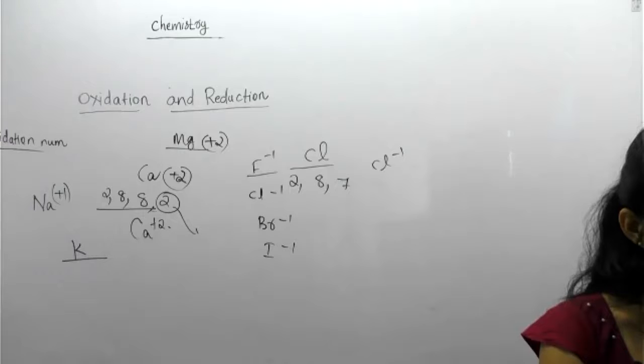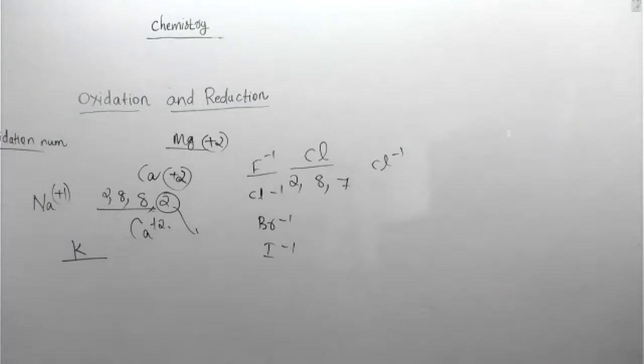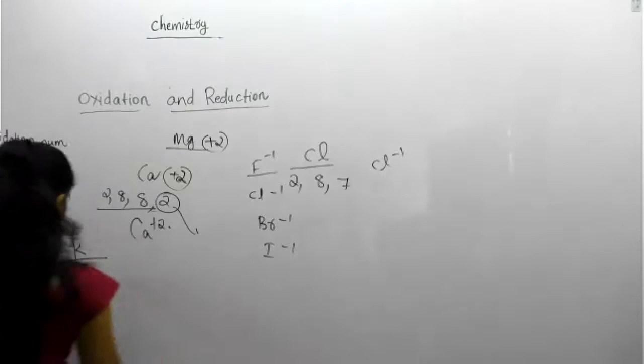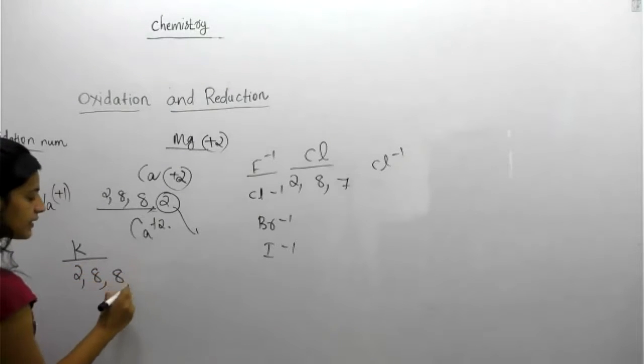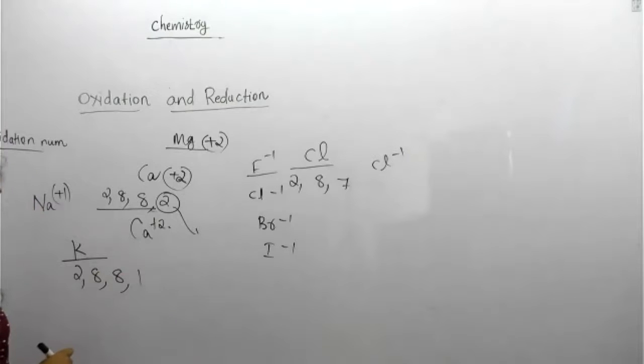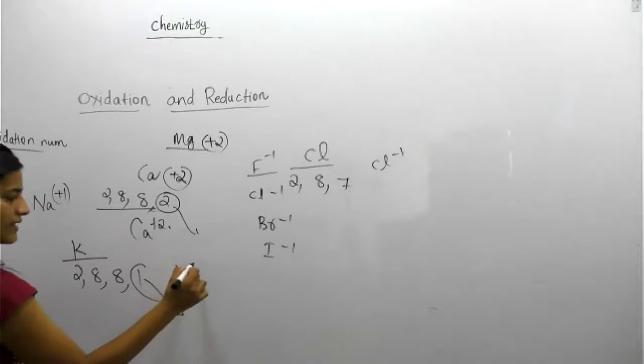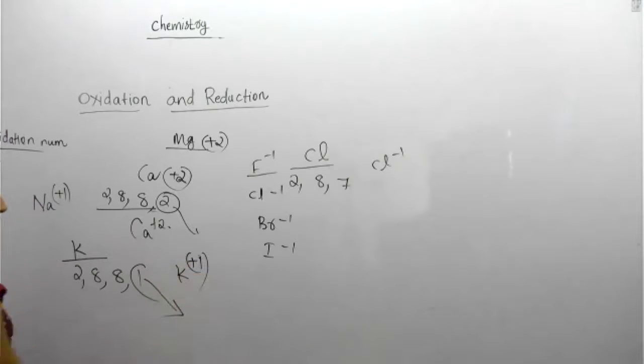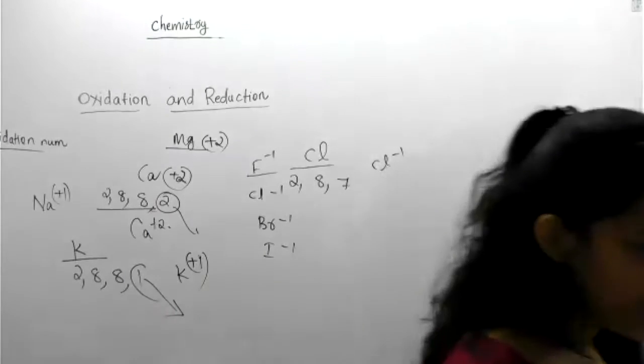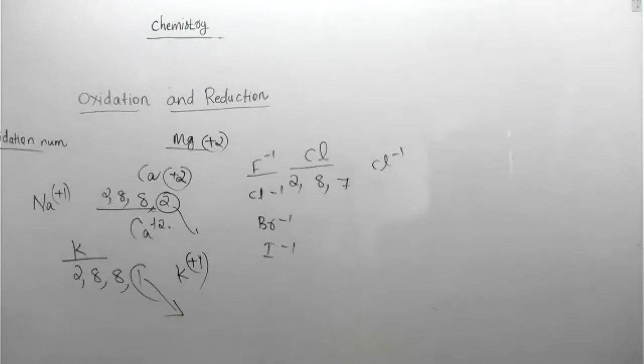Shaunak? Yes, Shaunak, you are right. Sayali is wrong. Why? 2, 8, 8, 1 is the electronic configuration of potassium. In that, the 1 has a tendency to be removed. So how did Sayali get minus 1? There is no chance for minus 1, only plus 1. Right? Check, Sayali, correct that one. Yes, now okay. So Sayali, a silly mistake will create complications while solving a problem. Minus 1 instead of plus 1, adding minus 1 messes up the problem. That's why check carefully.